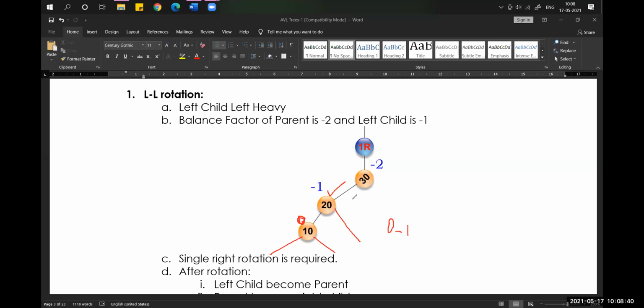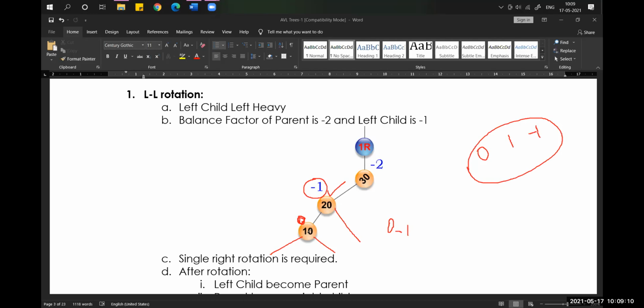Here we are getting -1 as the height of node 20. Now here also no problem, because we have to get only three numbers: either 0, 1 or -1. If we get any other number, then we can simply say that the tree is imbalanced.